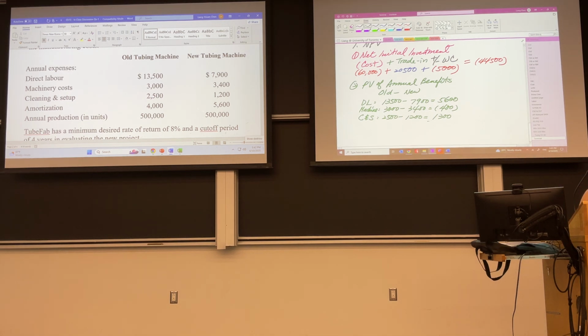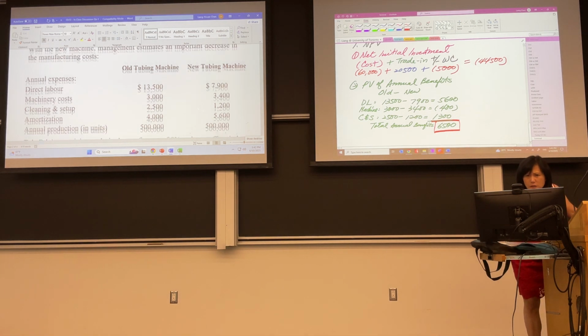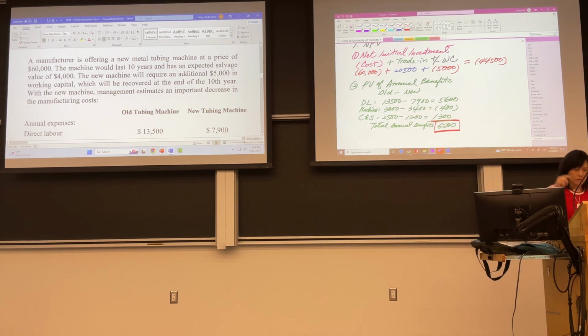Okay? So now if you add together total annual, you can call it cash flow, cost savings, benefit, whatever you want to call it. Alright, so we save 6,500. This is a benefit. How many years? 10 years to go. Times present value interest factor, annuity.